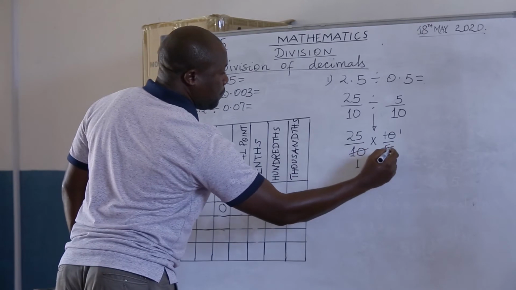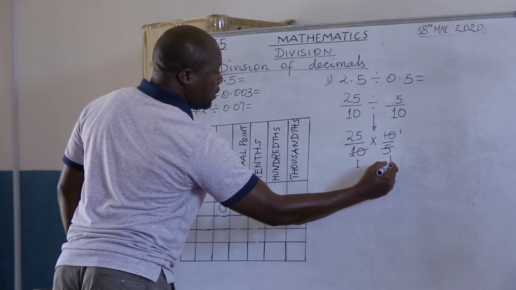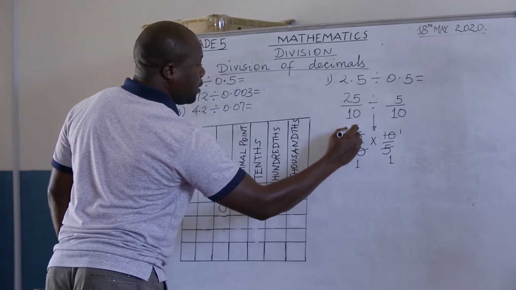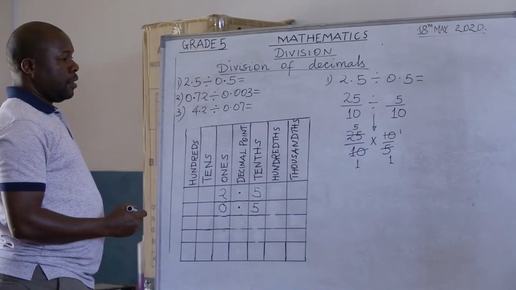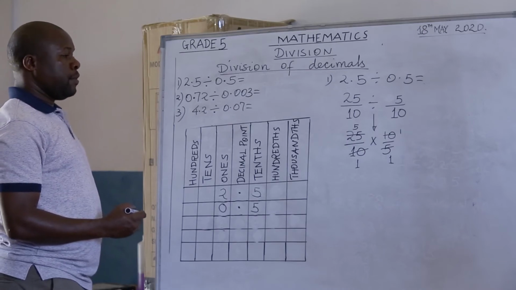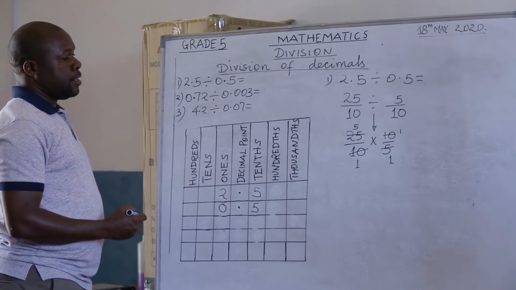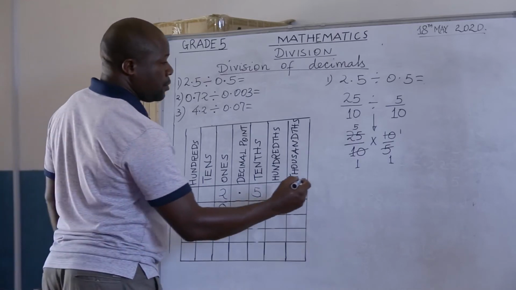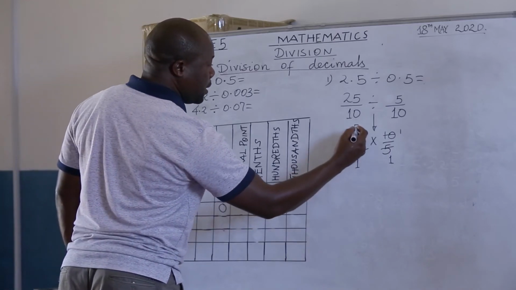It is 5. 5 goes into 5 one time, and 5 goes into 25 five times. Now let us see whether there is any further simplification. Take your time. If there isn't, we can multiply the numerators.